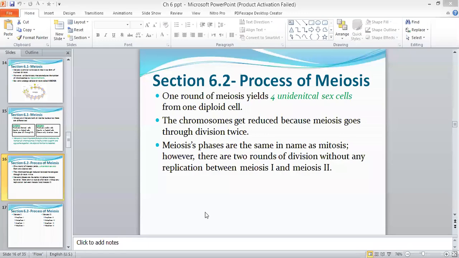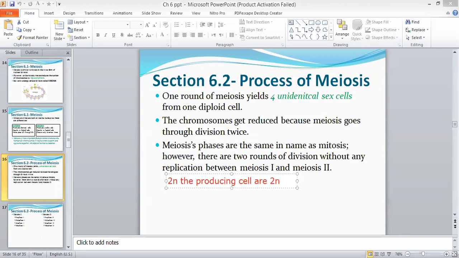For the difference between the chromosomes in case of mitosis and meiosis, if the cell is 2n, in case of mitosis the producing cells are the same, 2n.